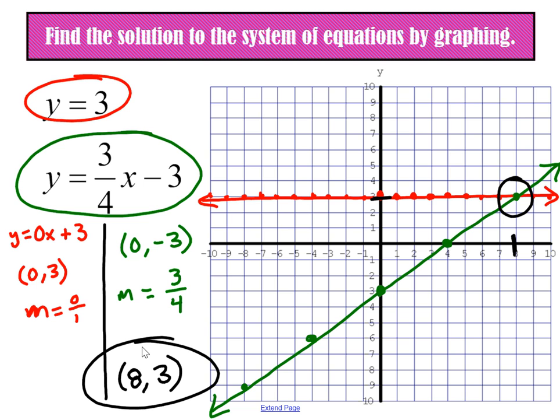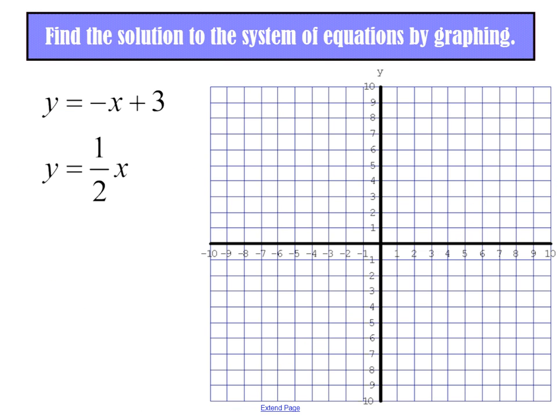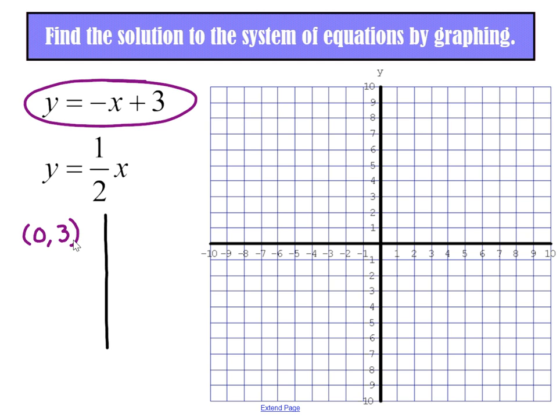Let's go ahead and look at our next example here. So I'm going to draw a line. My first equation, we'll make that one purple this time. So on this one, my y-intercept is going to be 0, 3. My slope is actually -1, so you can write that as -1, but it's not a fraction, so we're going to make it a fraction. So it's going to be -1 over 1.